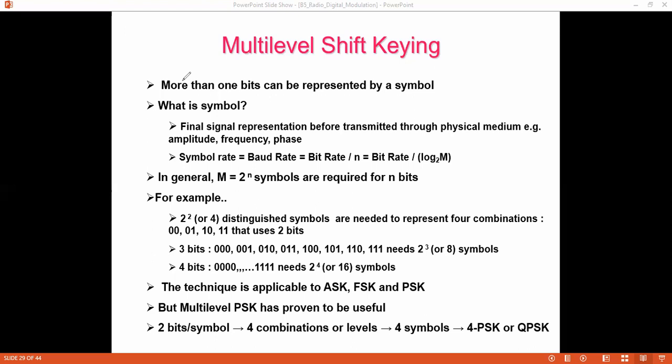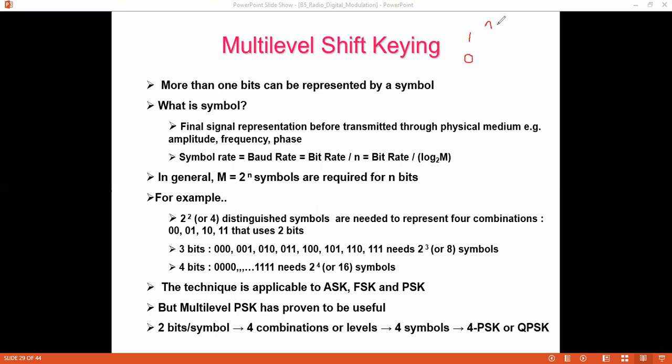Okay, so we know that our carrier signal that is modulated by our digital signal can be changed in terms of its amplitude, frequency, or phase. So normally, like in ASK, FSK, or PSK, we have bit 1 and bit 0, right? Okay, bit 1 or bit 0.